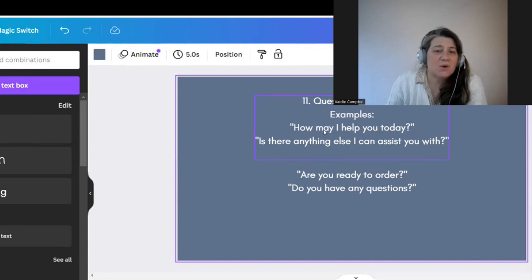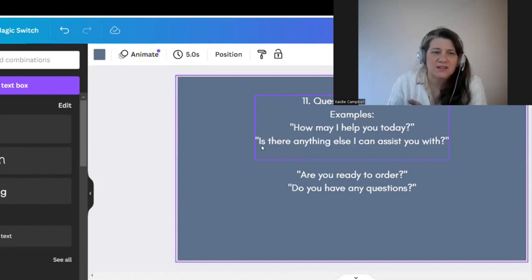How may I help you today? Here we have a modal verb. The modal goes in front of the subject, and then the base verb goes after the subject. Is there anything else I can assist you with? Is there anything else? We put the be verb in front. And be verb is weird.